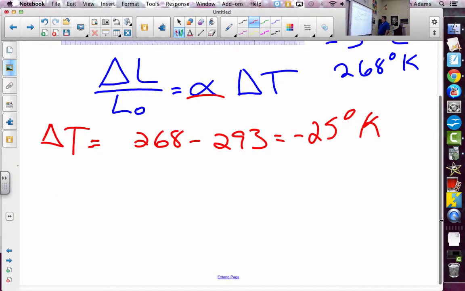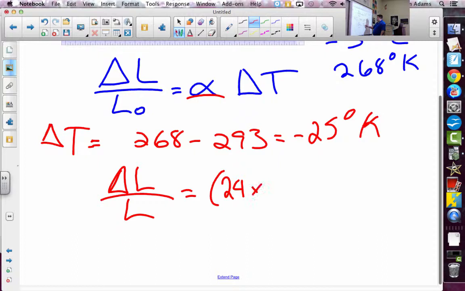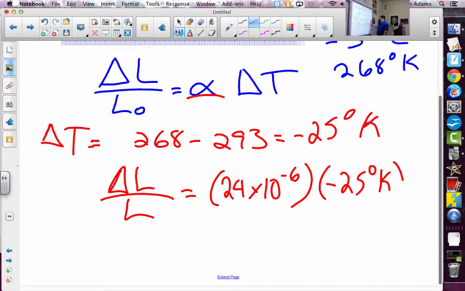So if I want to find delta L over L, then I'm going to say 24 times 10 to the negative 6 times negative 25 Kelvin. Guess what that is?